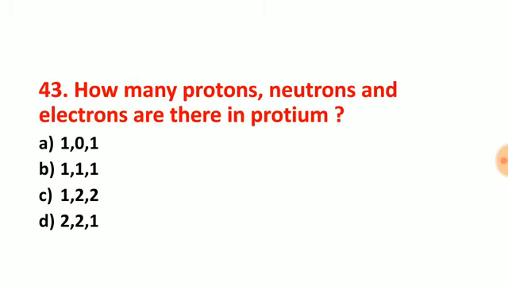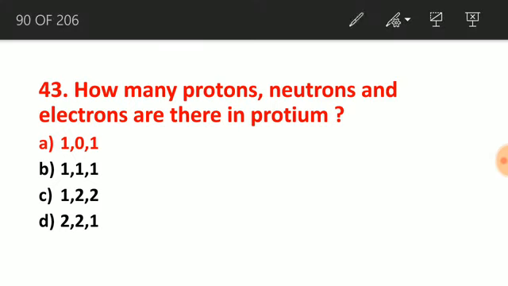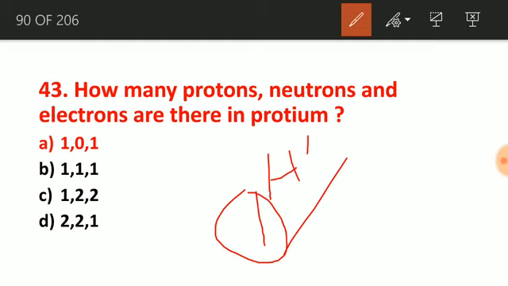Question number 43. How many protons, neutrons and electrons are there in protium? Protium means 1H1. This protium is one of the isotopes of hydrogen. So this gives the number of protons and the number of electrons. The number of protons is 1 and the number of electrons is also 1, but for the number of neutrons we have to subtract 1 from 1, and we will get 0.